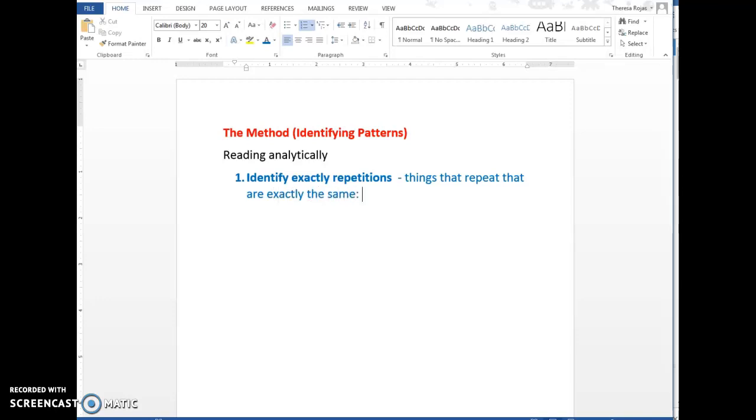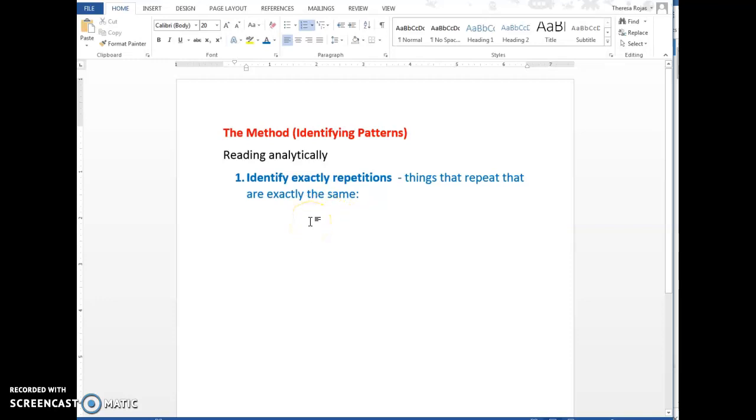For example, maybe lines on a page that are exactly the same. When you're in a classroom, you see all the desks are exactly the same. What words are repeated that are exactly the same.